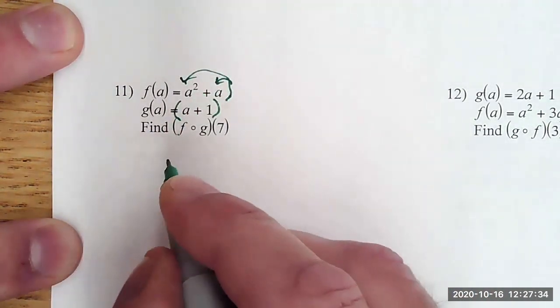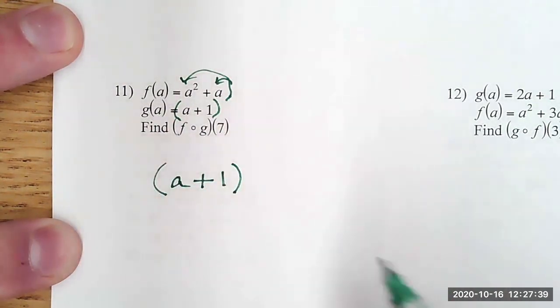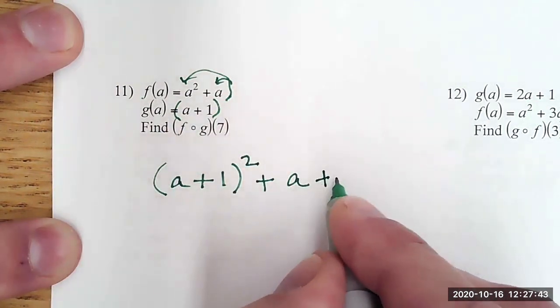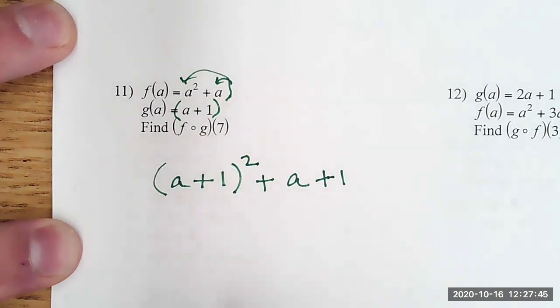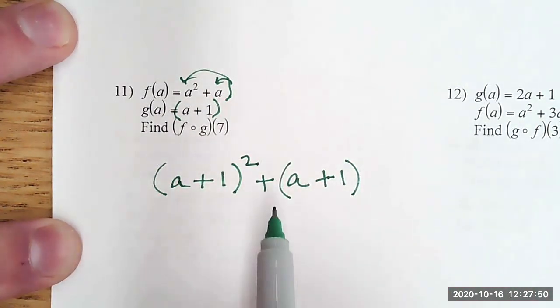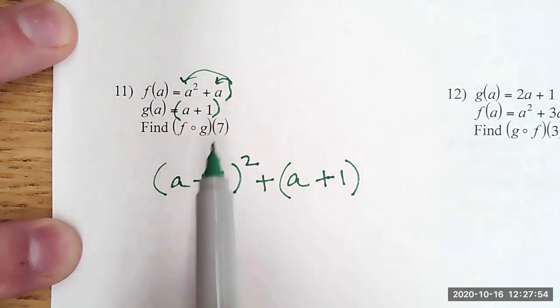So I would have a plus 1 squared plus a plus 1, and I can evaluate that, simplify it, and then evaluate it for when a is 7.